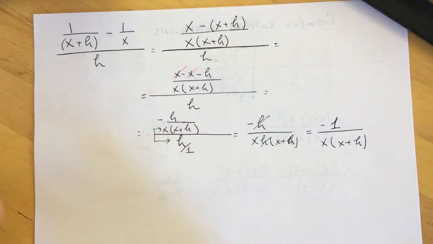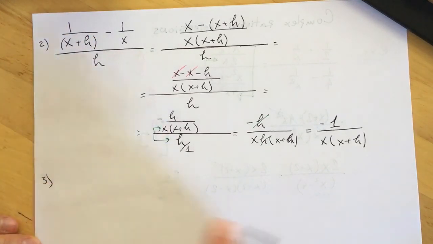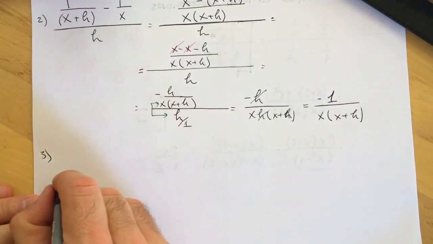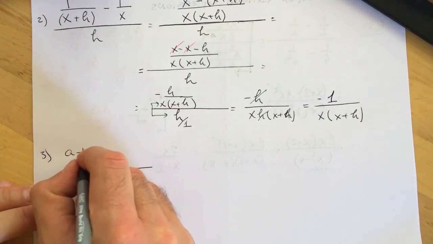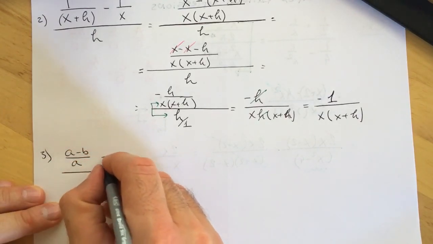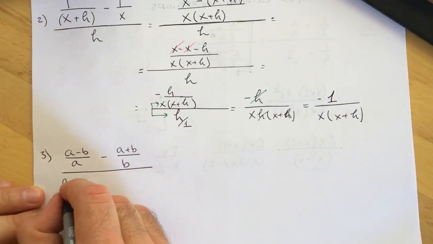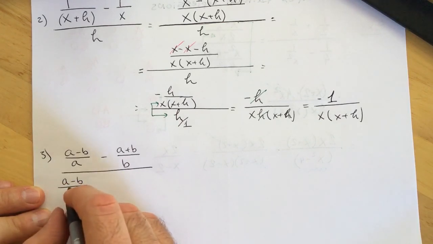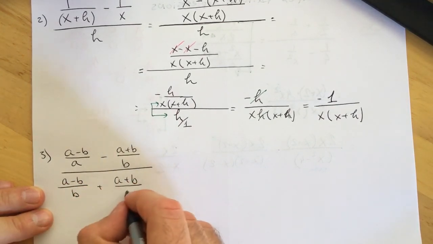And one more example, example 3. I'm going to speed up a little bit here. So you see I have the main line, and here I have a minus b over a, minus, a plus b over b, over a minus b over b, plus a plus b over a.